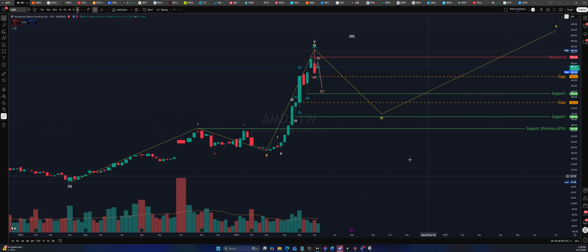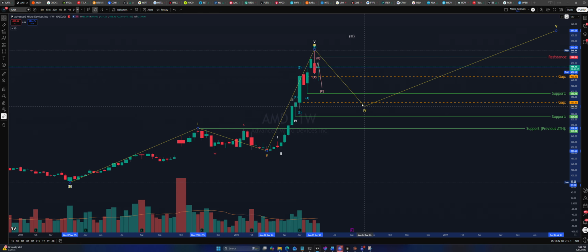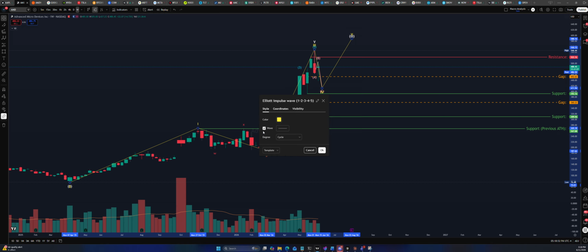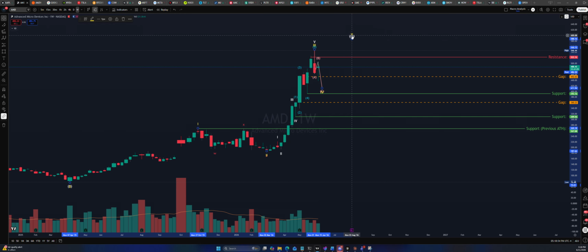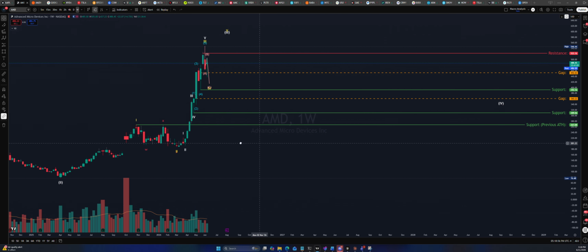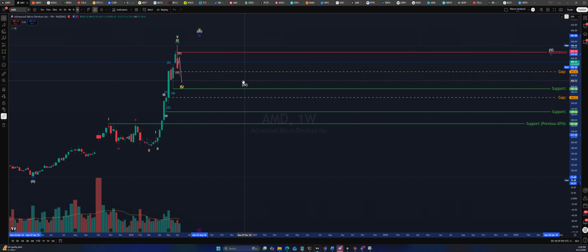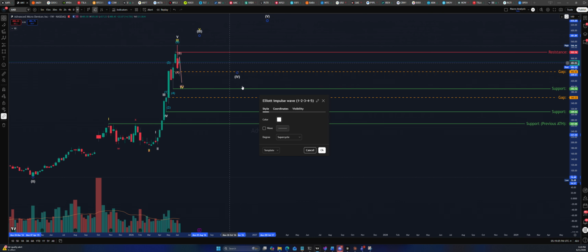You're in that wave 3, and you're having that wave 4 pullback, and that wave 4 could have been this move right here, which has completed wave 4. And this would have ended wave 3. And this would have been a wave 4. And this would have been a wave 5, pushed to the upside, like this.